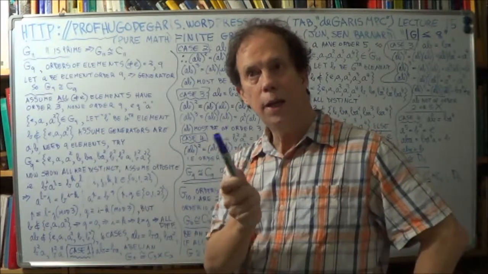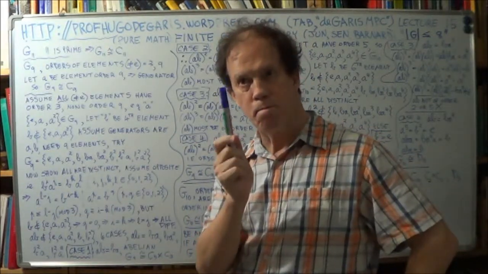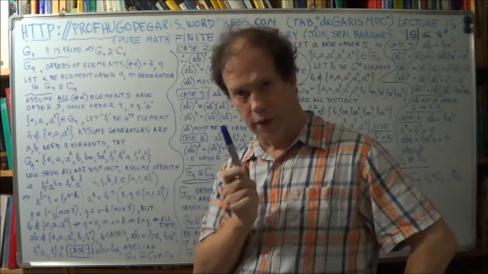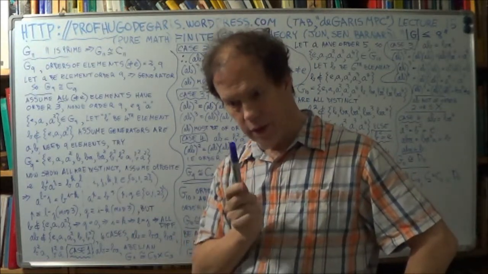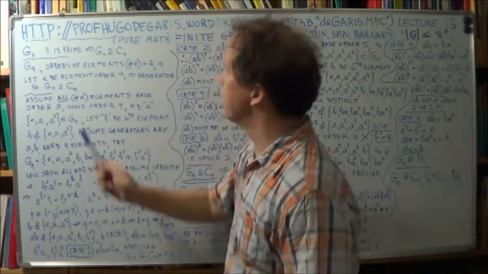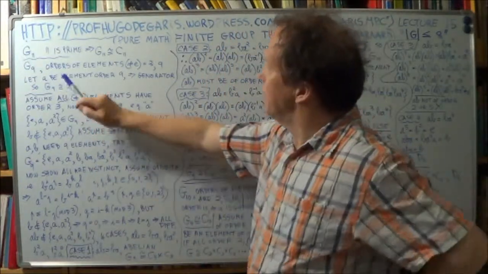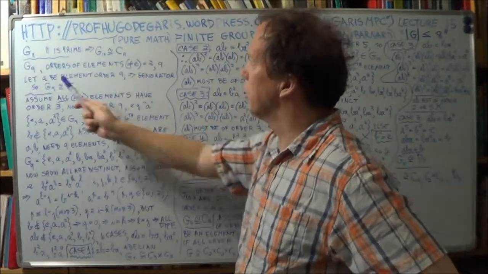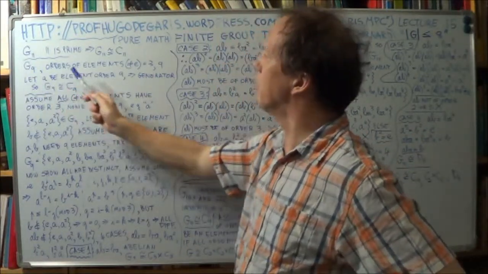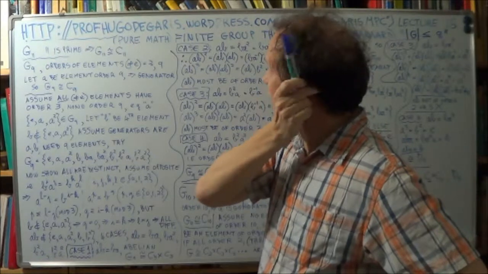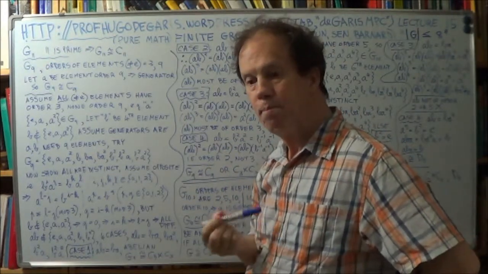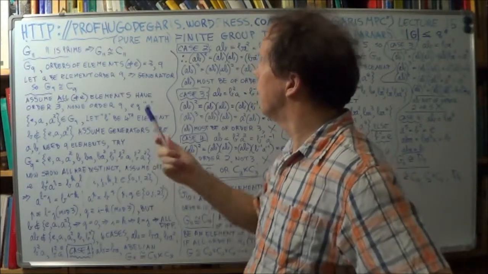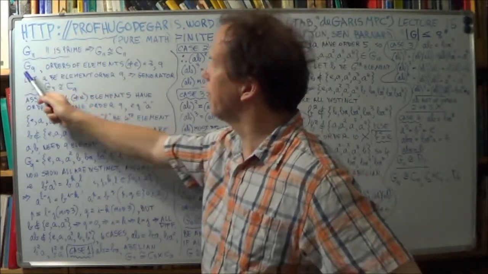So the order of any element of a group divides the order of the group. Okay. So in the case of G9, the order of the group is 9. What possible orders can our elements take? Well, what are the factors of 9?